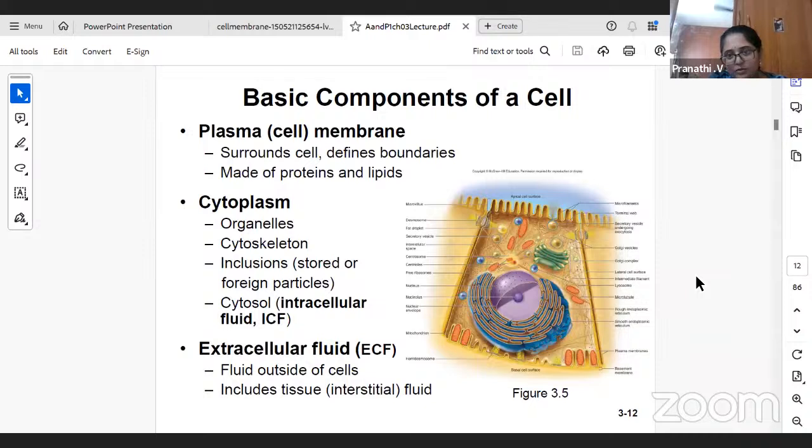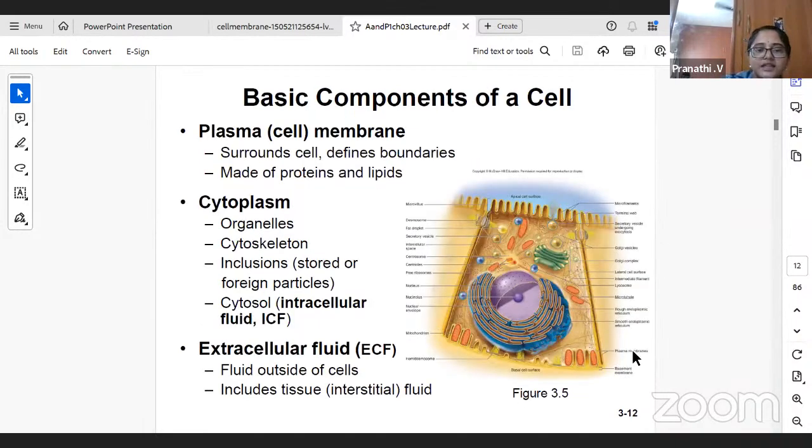So when it comes to the cytoplasm, it's the liquid that is present. It has cytosol, which is the intracellular fluid, or the ICF as it is known. You have all the cell organelles that are present, the mitochondria, the Golgi complex, ribosomes, lysosomes, and then you have the cytoskeleton, wherein the endoplasmic reticulum connects to the outside of the cell also.